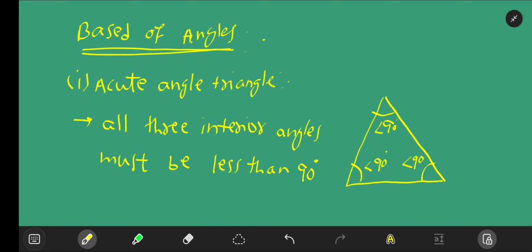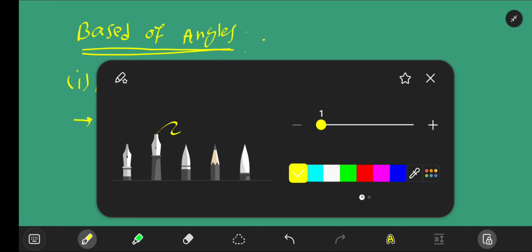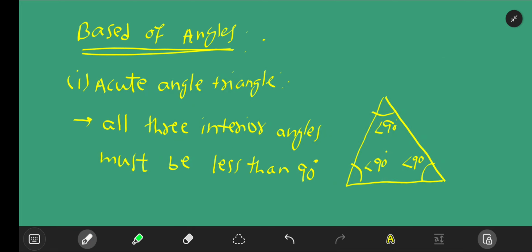So that type of triangle we call an acute angle triangle. The triangle whose three angles are all less than 90 degrees, that type of triangle we call an acute angle triangle. Okay. This is the first classification.